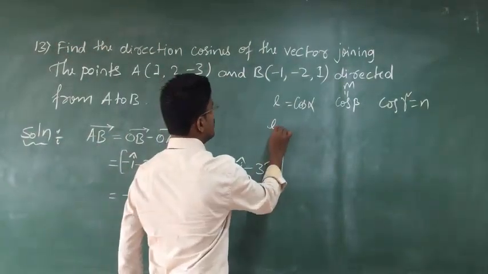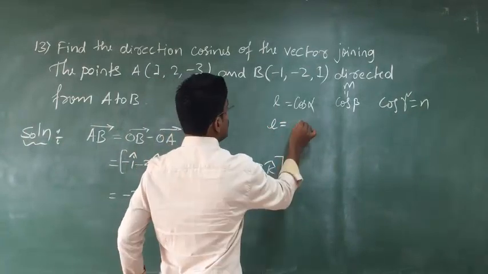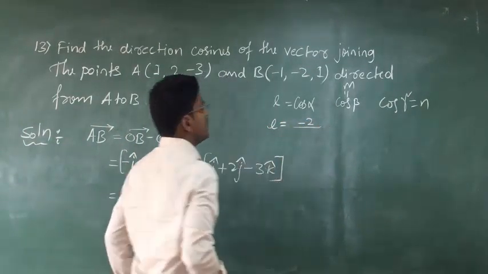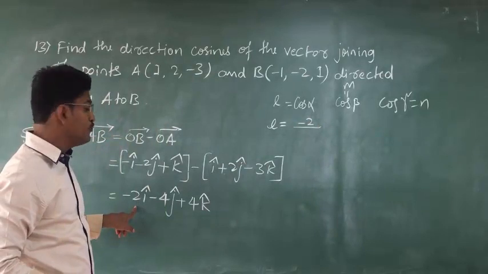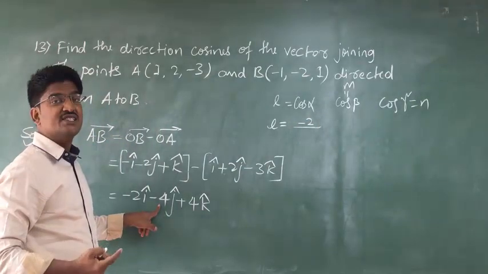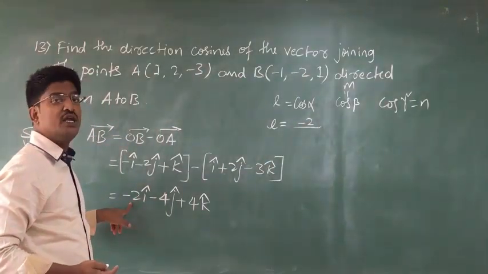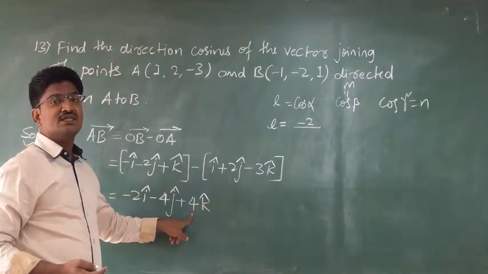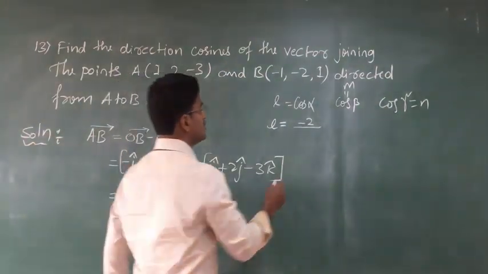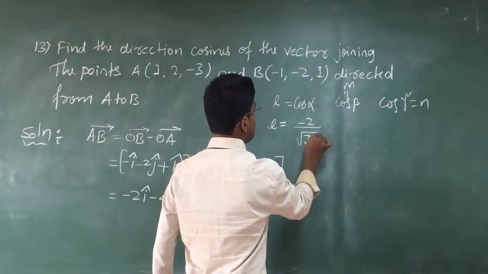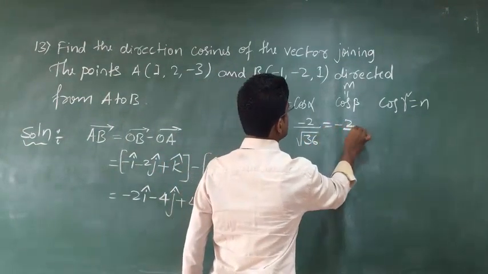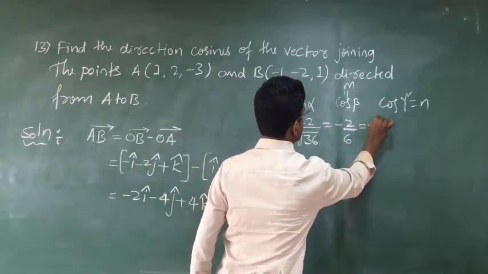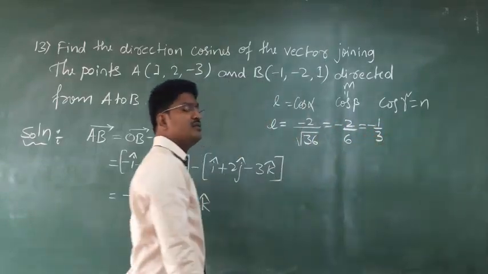So l equals minus 2 divided by root of minus 2 square is 4, 16, 16 plus 4 is 20, 20 plus 16, that is root 36. That will be equal to minus 2 by 6, that is nothing but minus 1 by 3.